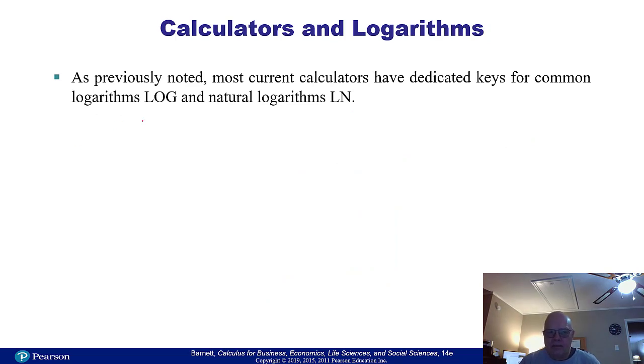So get familiar with your log key and your natural log key. You might also want to see if your calculator has a common log function and maybe a different one that looks like this. Explore your calculator and see what you've got. A natural logarithm function, no problem.